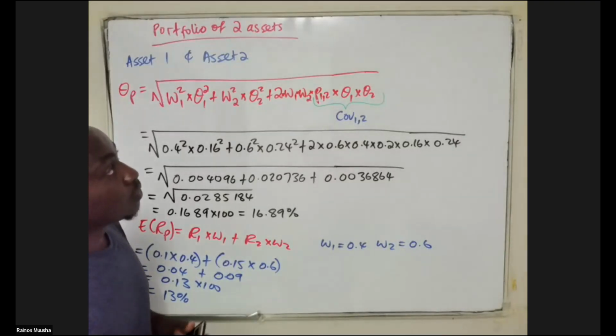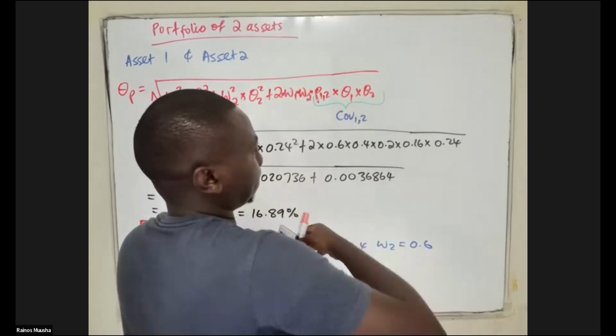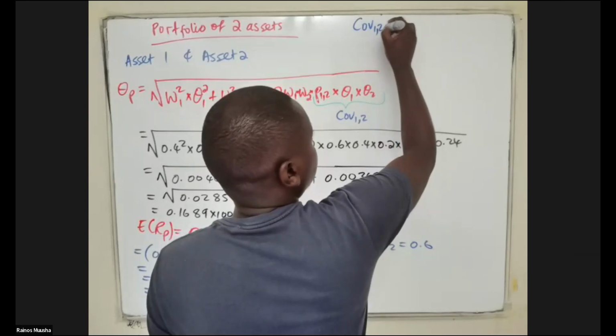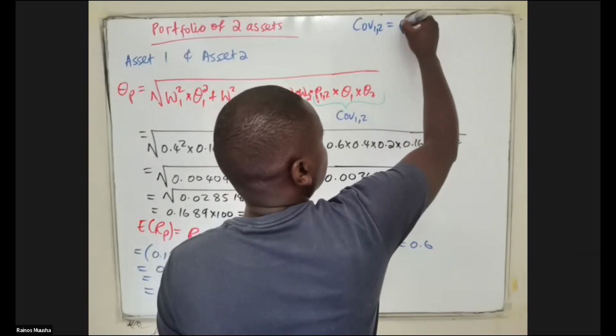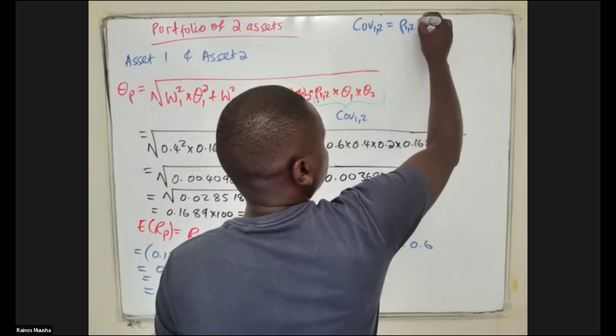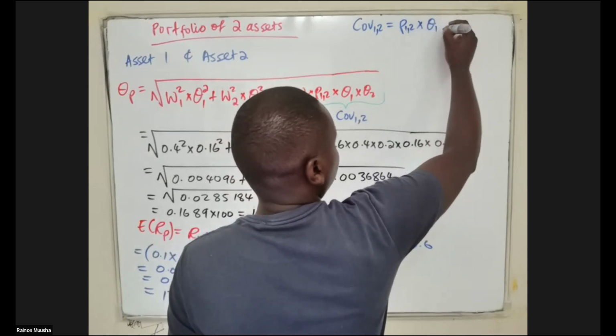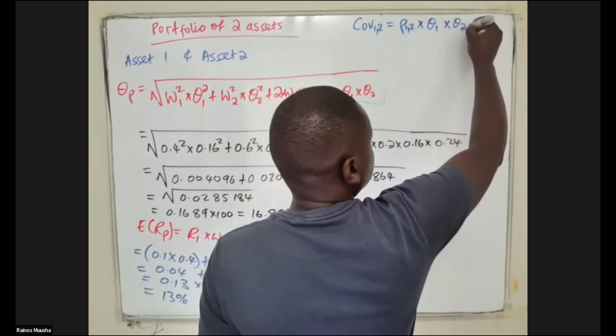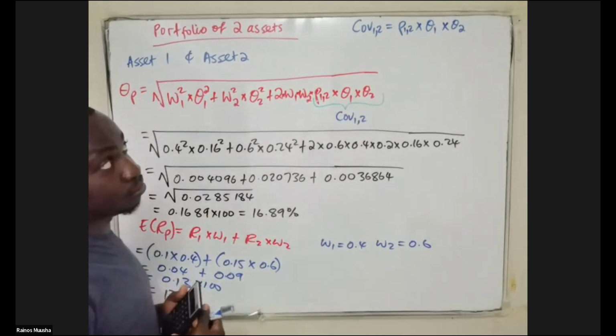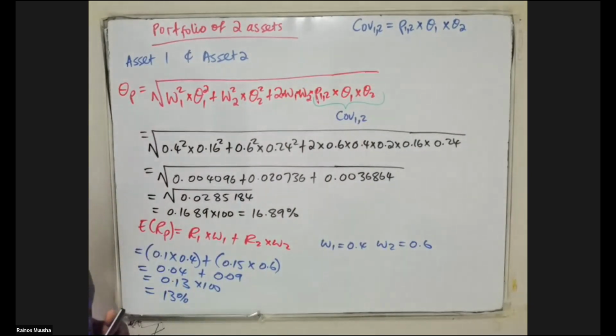Yeah. So as a formula, the covariance of asset 1 and 2 is given as the correlation coefficient of asset 1 and 2 times the standard deviation of asset 1 times the standard deviation of asset 2. So as a formula, it's broken down into this.